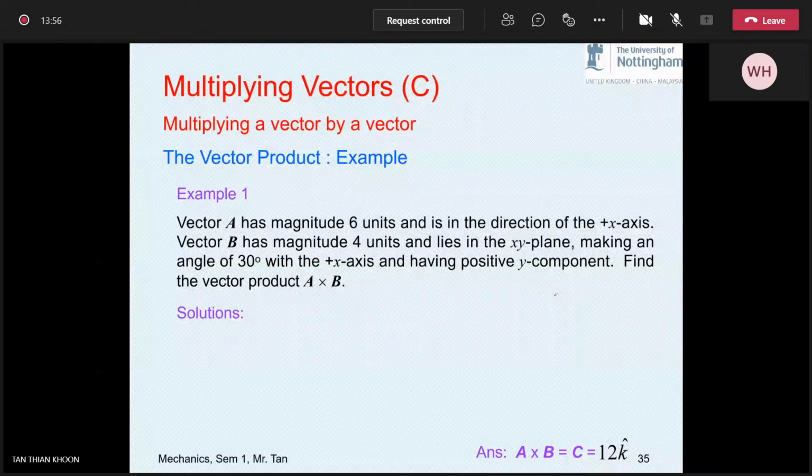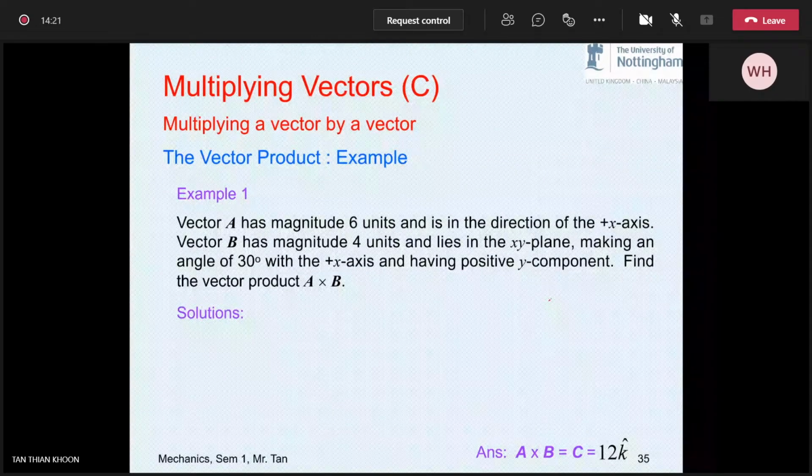So what should we do first? Anyone? Write the vectors in IJK form. Any other suggestions?